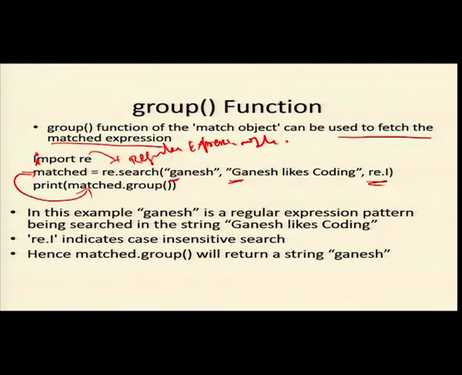Will it find Ganesh from this entire sentence, or will it not? It will find the string Ganesh from this sentence. Why? Because I have given re.I. This re.I indicates a case insensitive search. Hence, the matched group will return the string Ganesh.